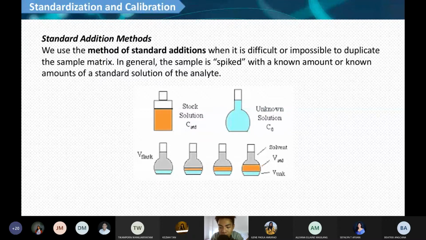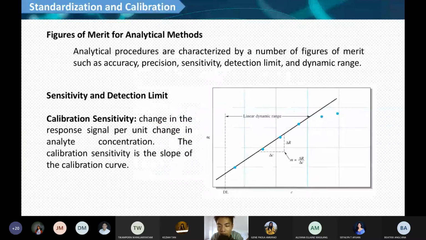And lastly, let's talk about the figures of merit in analytical methods. What are the figures of merit? They just describe how efficient your method is. One of the figures of merit when doing analytical techniques is that you have to determine the sensitivity of your calibration curve.